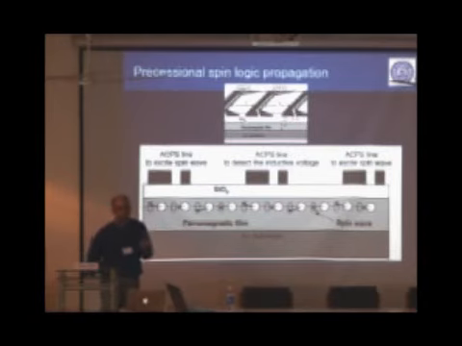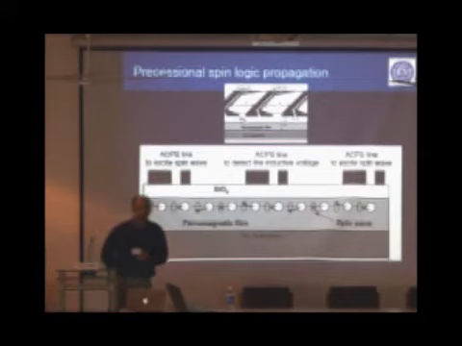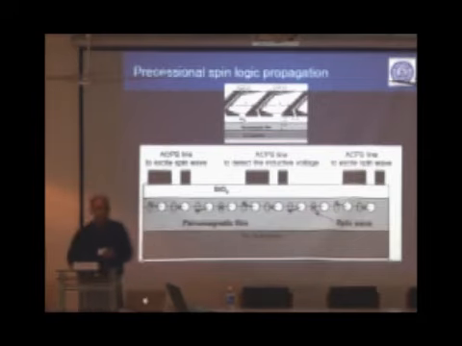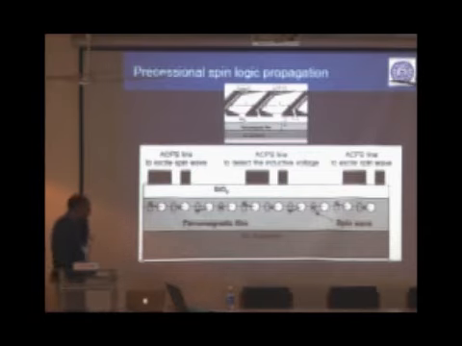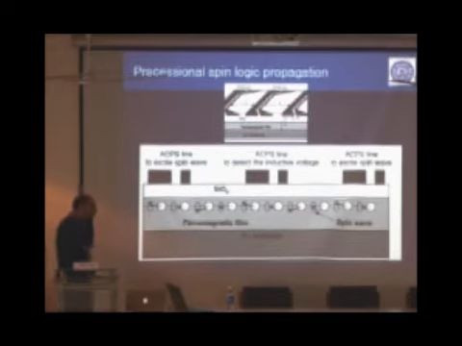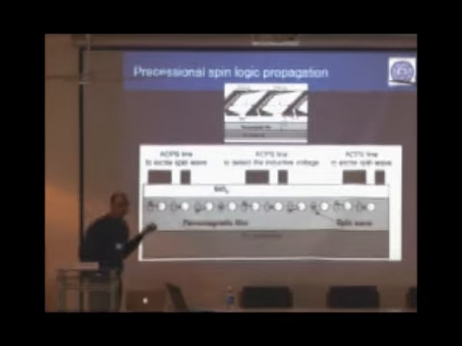You have a major difference of the density of states of one versus the other electron. However, to transfer that into the semiconductor, the interface has to be engineered. It's only recently in 2009, 2010 that people have started publishing results where they managed to get efficient spin injection into the semiconductor.